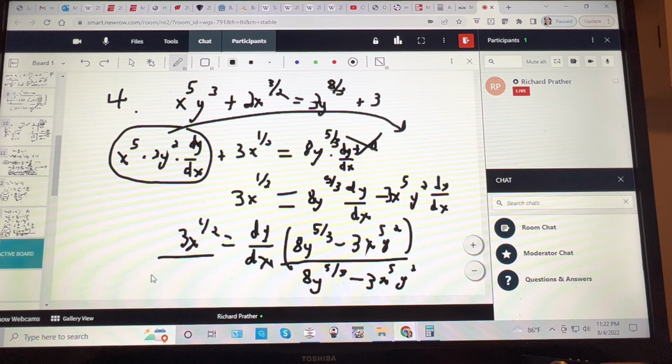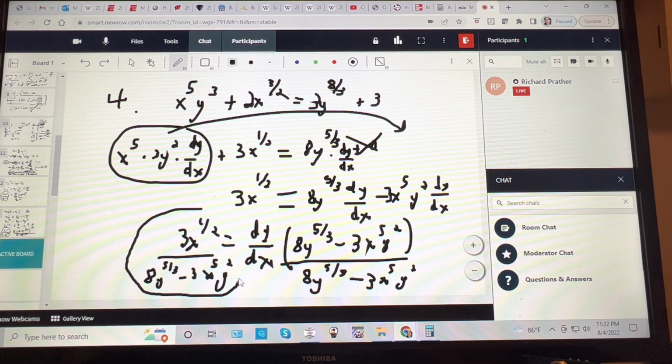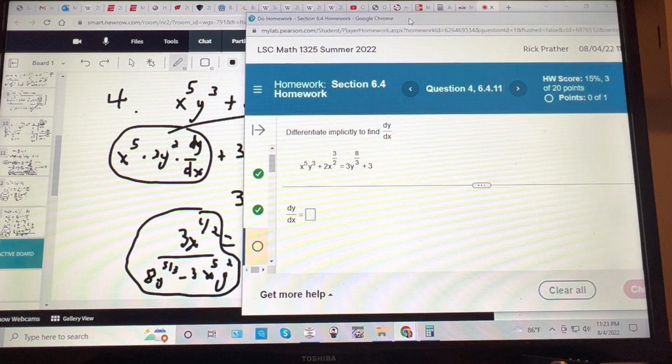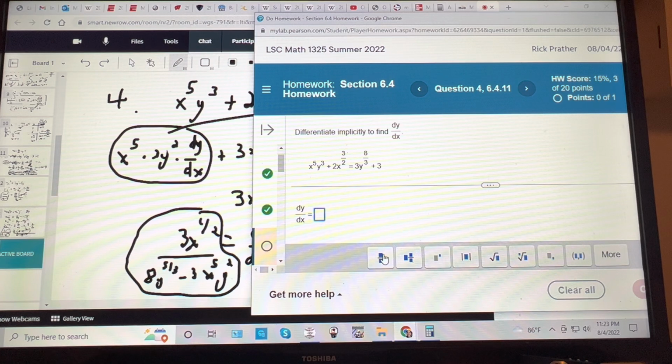So divide this. So right there. This cancels that. I got dy over dx by itself. The answer is messy, but shouldn't be a problem. 3x to the 1 half is the only thing in the numerator.